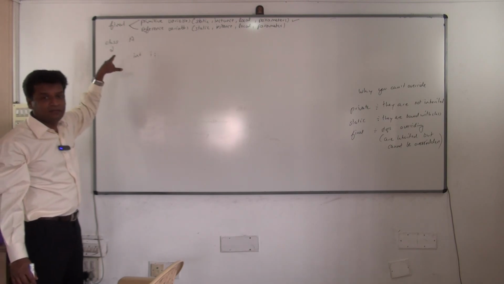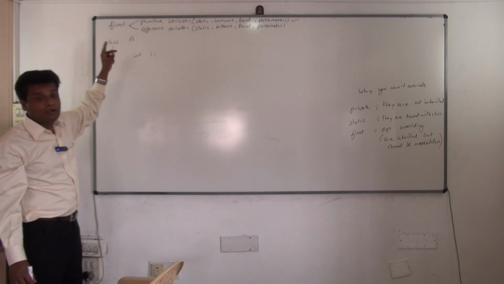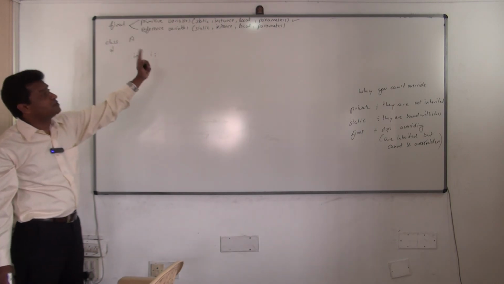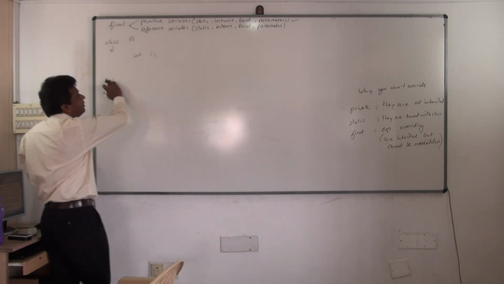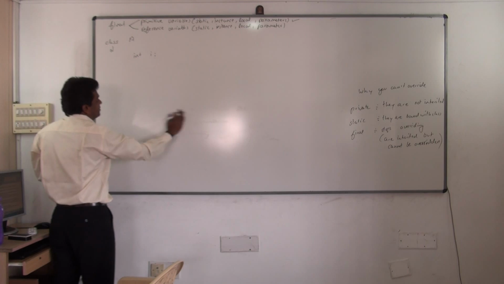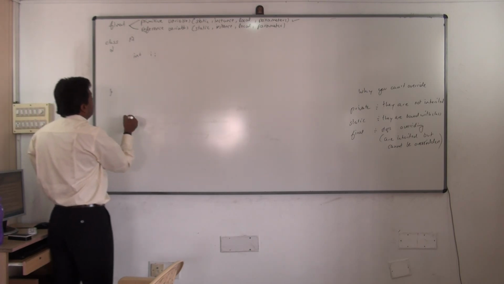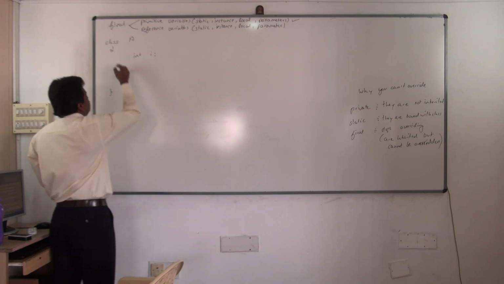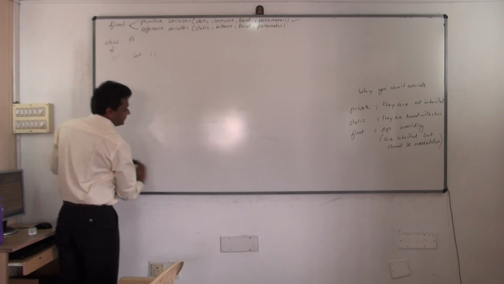We are learning final variables. Final has to be learned with two kinds of variables, primitive and reference. But again, primitive can be used as static, instance, local, and parameters. So I'll be teaching you primitive with instance variables first. See, there's a class A.